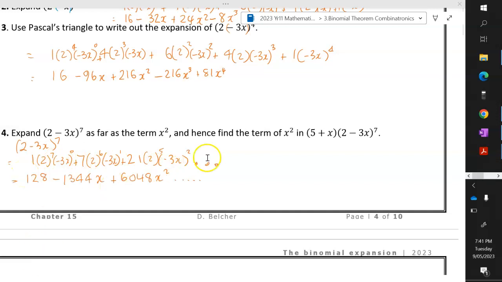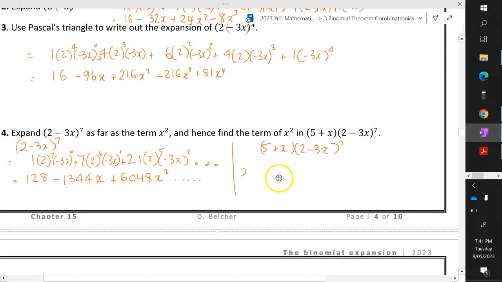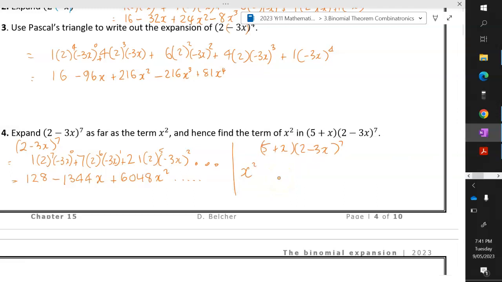And then what it wants us to find out is what we would end up with if we multiplied our 2 minus 3x to the power of 7 by 5 plus x. And it wants us to find the term of x squared. Now, we're going to get x squared in 2 separate ways.